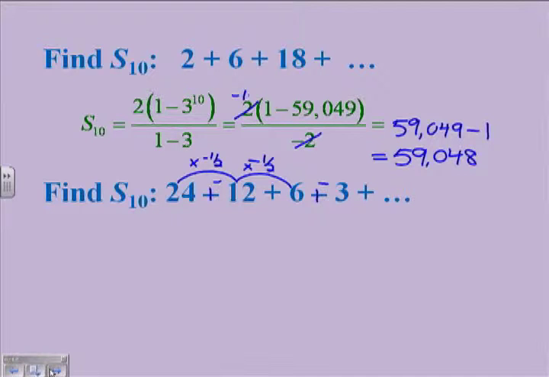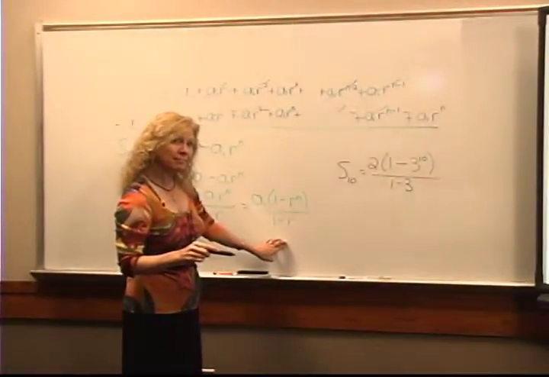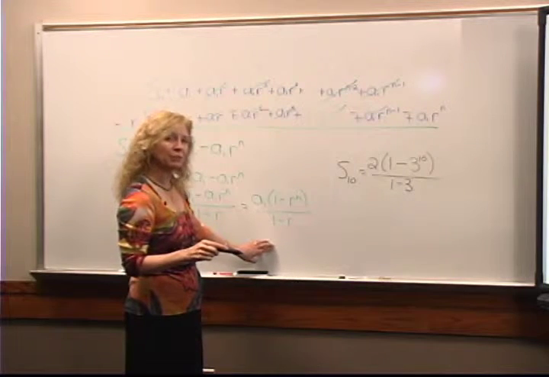So that means we have what kind of series going on here? It's not arithmetic, because you add to get from term to term on arithmetic. This one is geometric. And if it's geometric and I want the sum, I use the S sub n formula right here.